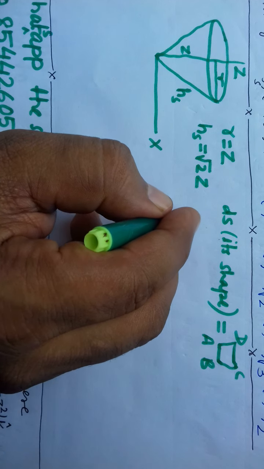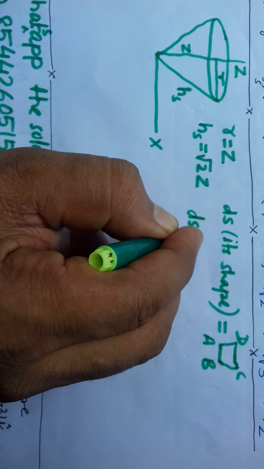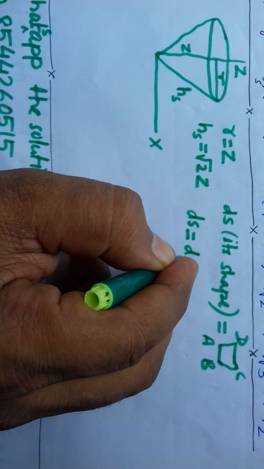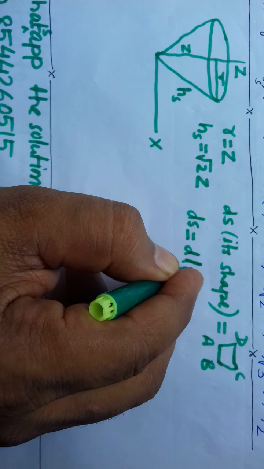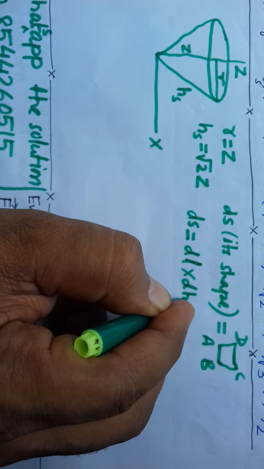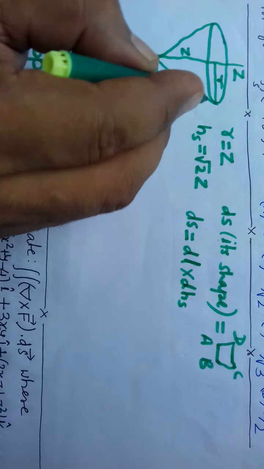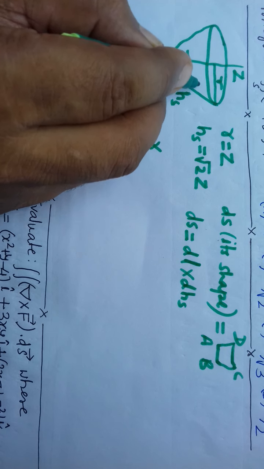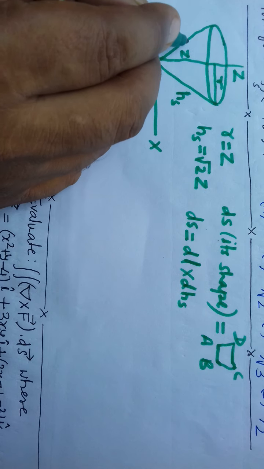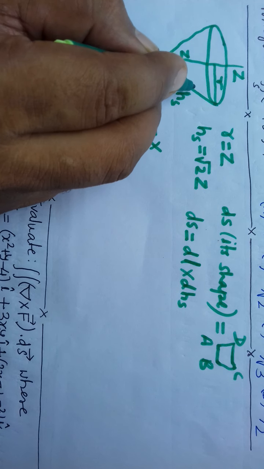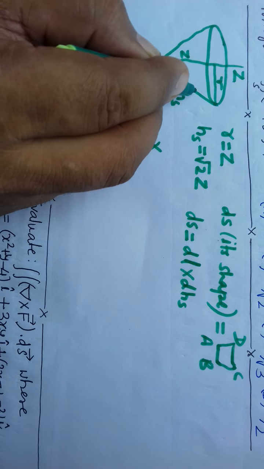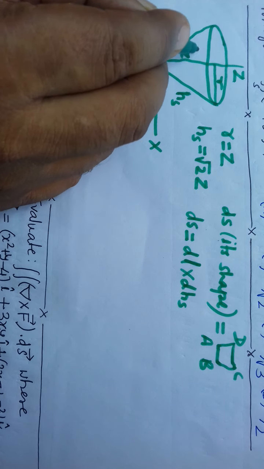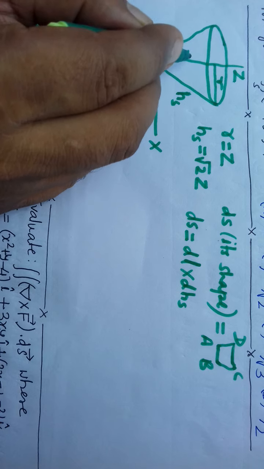Thus dS will be equal to dL into dHS. dL is, suppose here is a circular area, then dL will be an elementary part of the circumference of this circle.